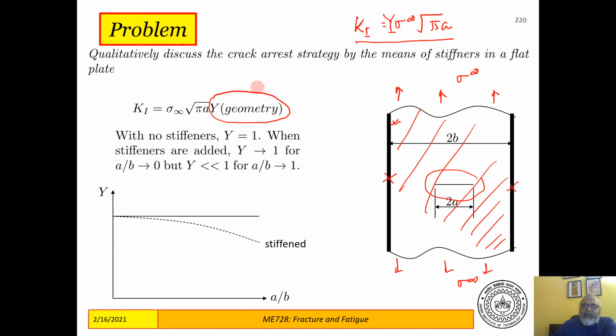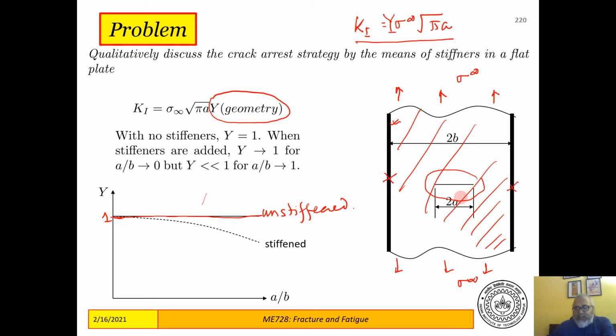So Y is effectively equal to 1 if stiffeners are not there, and that's what is shown here. Y is effectively equal to 1 for an unstiffened plate. Now when the stiffeners are there, initially when a is very small compared to 2b, the crack does not see the stiffeners. So then Y is again equal to 1.